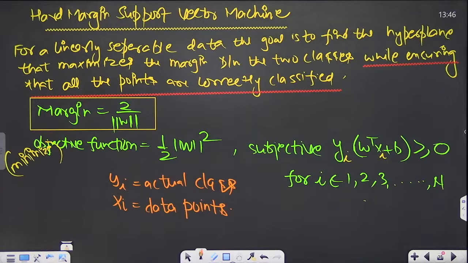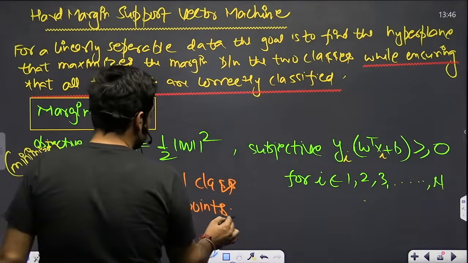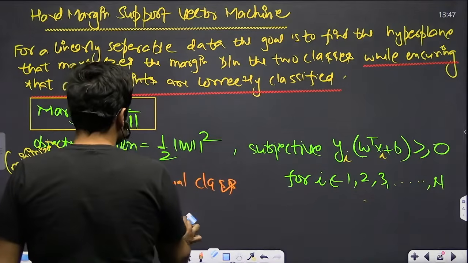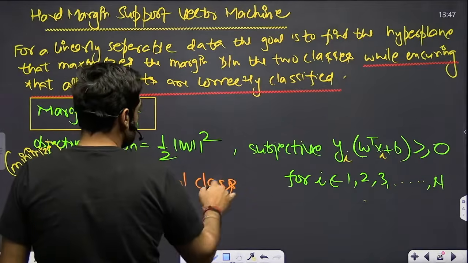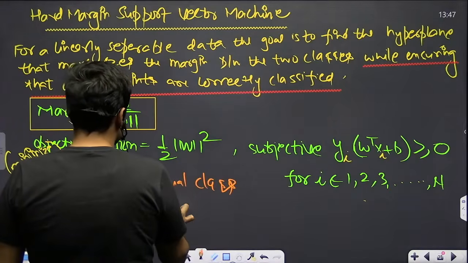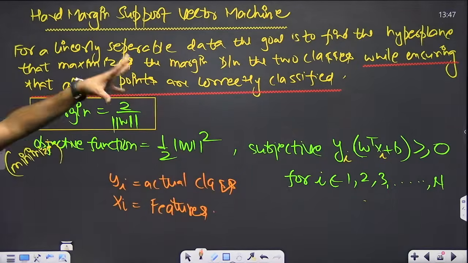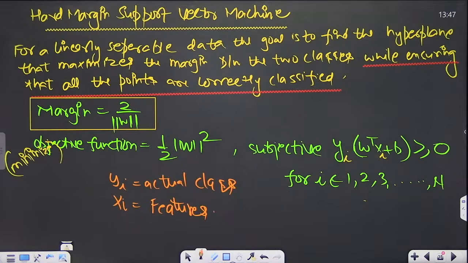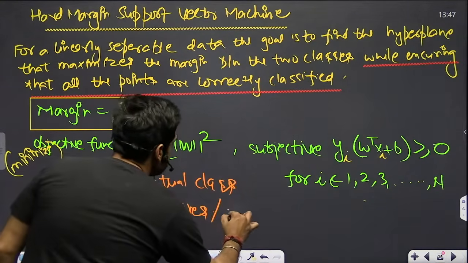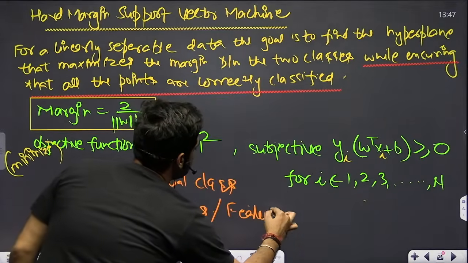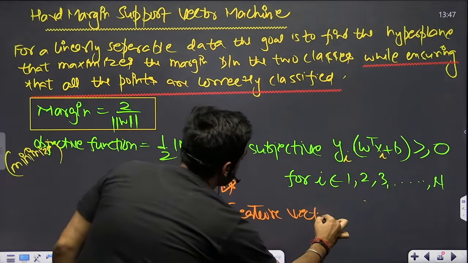Or rather, I would better say these are the features. ये आप ऐसा कह लो, ये features है. Not data points, these are the features, x1 x2 x3 जितने भी features हैं, or the feature vector, because we are working in terms of vectors, so we can also call it the feature vector.